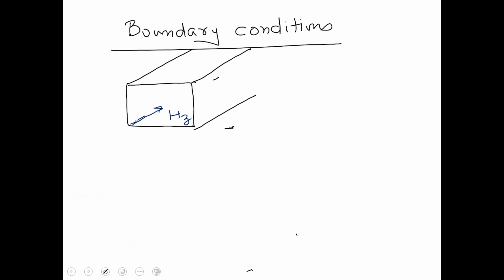And the parallel magnetic field can exist, and if it exists, all it does is create a surface current on the plate which is perpendicular to the direction of the magnetic field. So I cannot say that Hz is going to be 0 at the boundaries. That cannot be true.